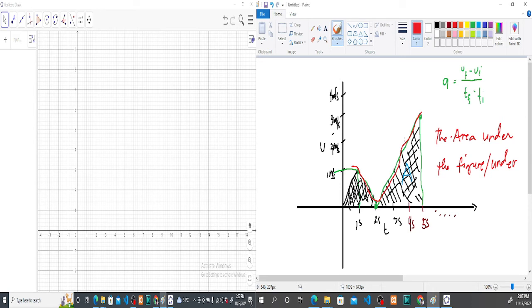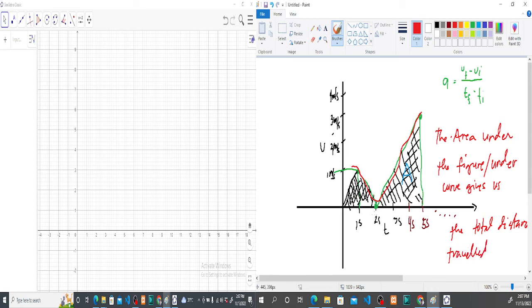Then it gives us, or sums up, the total distance traveled.